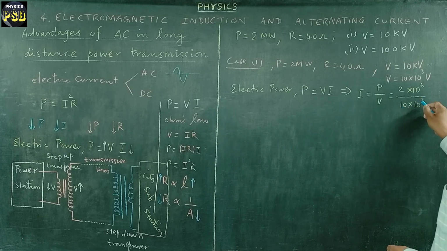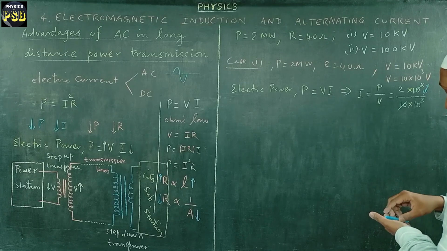When I multiply 10 with 10 power 3, it becomes 10 power 4. So 10 power 3, this is the correct answer. Now what I get is 10 power 2.